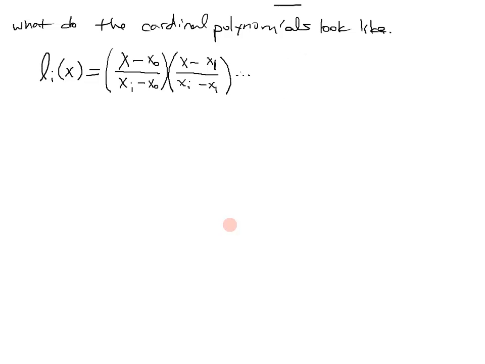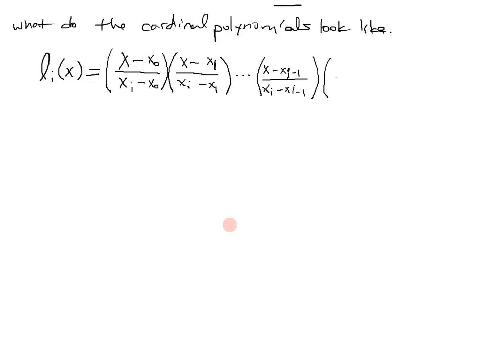And I'd keep going, just like that. So the next one would be x minus x2 over xi minus x2. Well, eventually I'm going to get to the term that's right before i. So I'm going to do x minus x sub i minus 1 over x sub i minus x sub i minus 1.